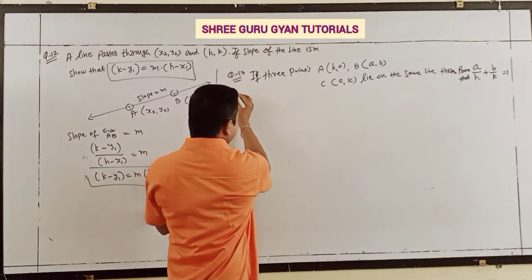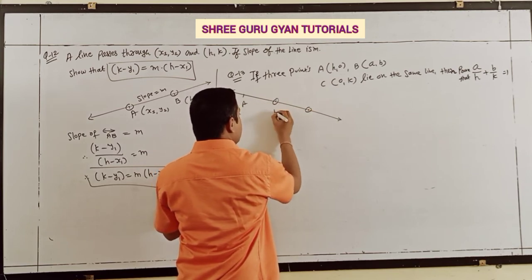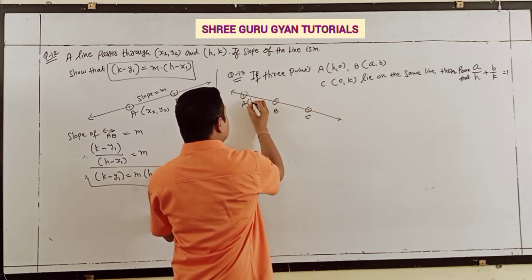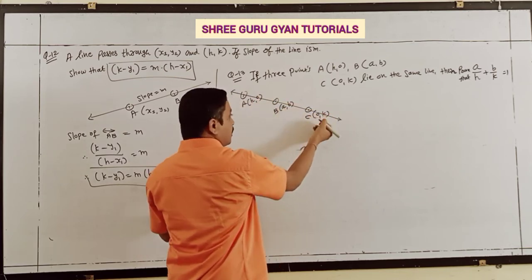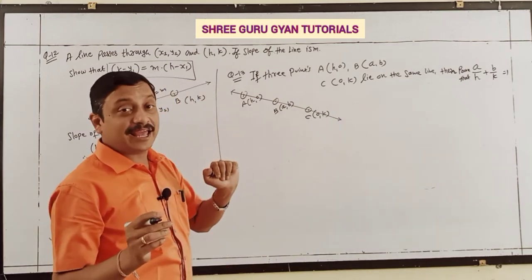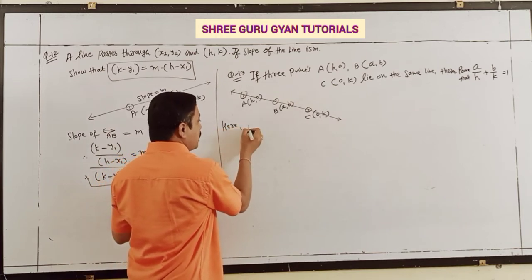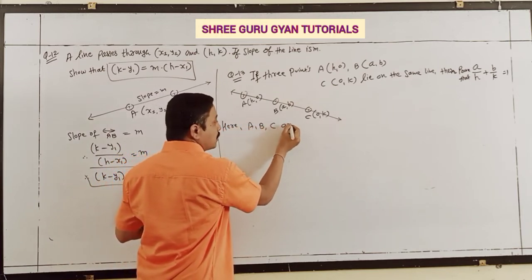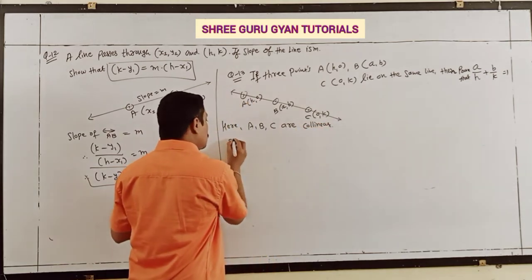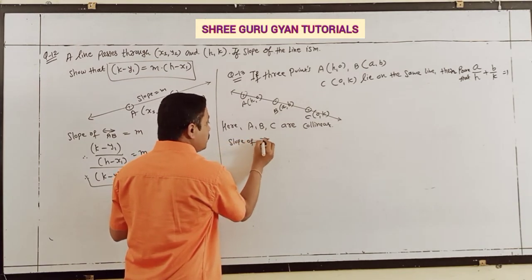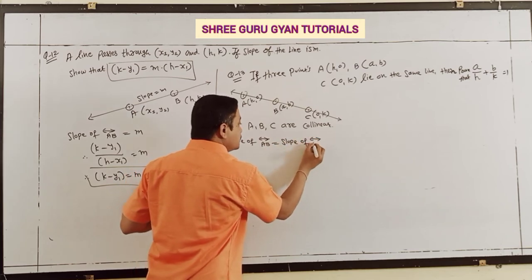Same concept. Consider our line with three points, A, B and C: A (h, 0), B (a, b) and C (0, k), and apply that they are on the same line. It means the slopes are the same. Here A, B, C are collinear, so the slope of line AB is equal to the slope of line BC.